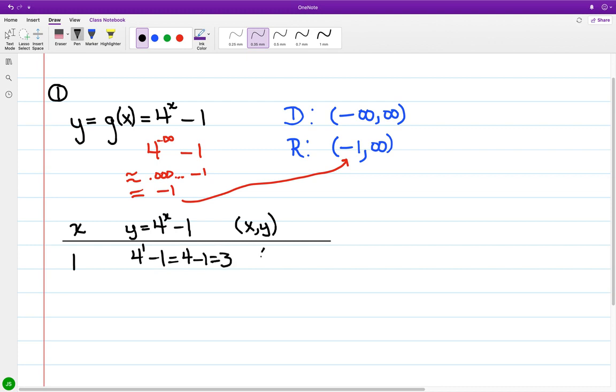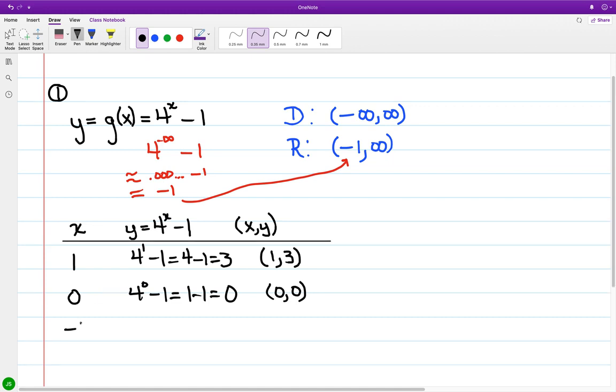So as an ordered pair in the x, y coordinate system, we have 1, 3. Say I have x at 0, now we have 4 to the 0, which is 1, take away 1. 4 to the 0 is 1 minus 1, and that is equal to 0. So we have the origin, 0, 0.